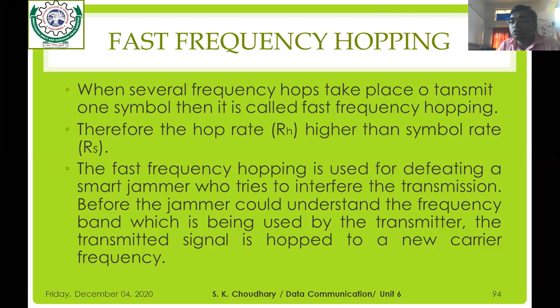Fast frequency hopping is generally used for defeating a smart jammer who tries to interfere with the transmission. Before the jammer could understand the frequency band being used by the transmitter signal, it has shifted to the new carrier frequency. So it is very difficult for the jammer to detect the actual frequency on which we are transmitting the signal.